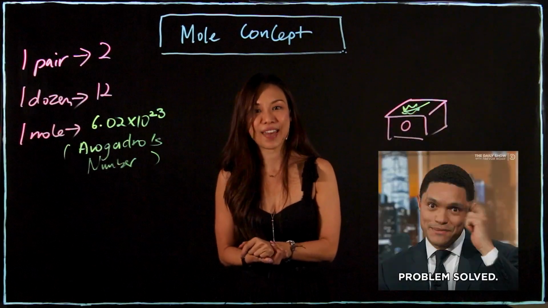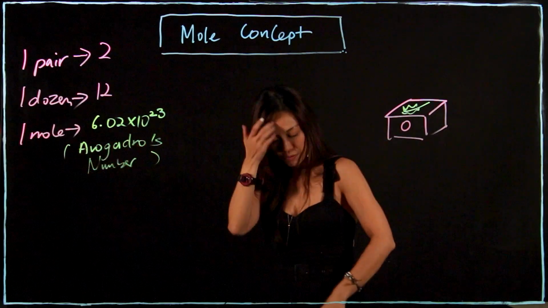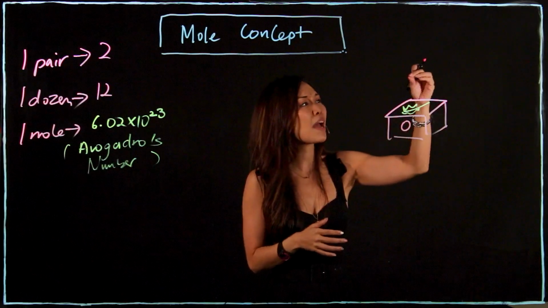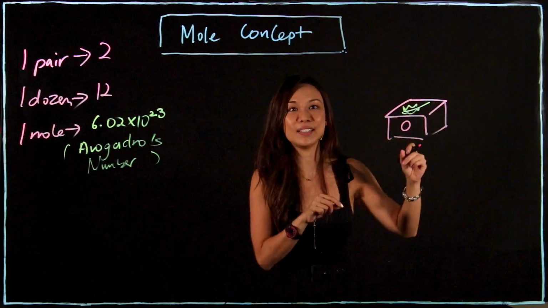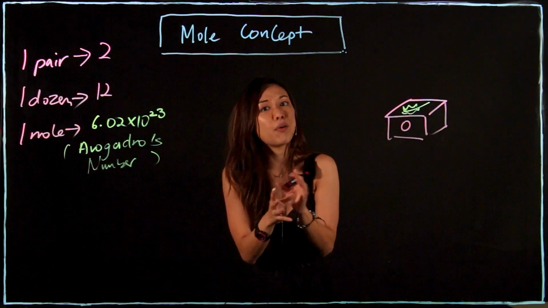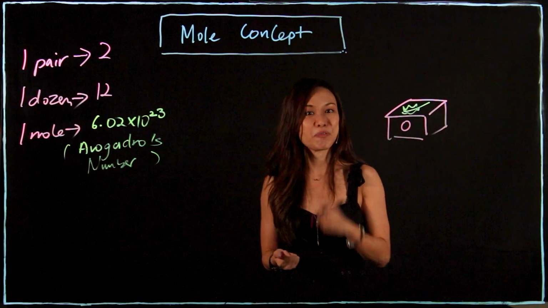Similarly, it is very hard to measure the mass of 1 atom. We all know the atom is the smallest unit of all matter. So how do you measure it then? Well, that's why we came up with the mole.